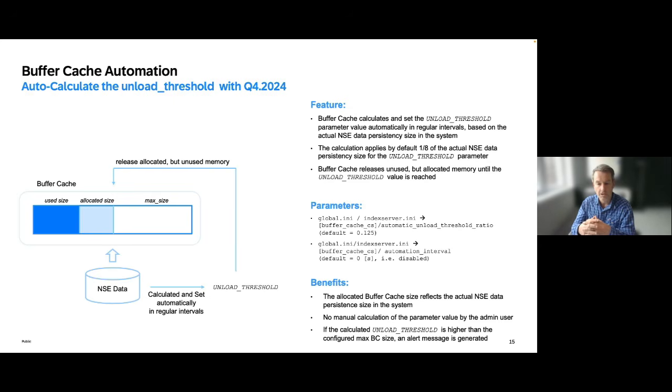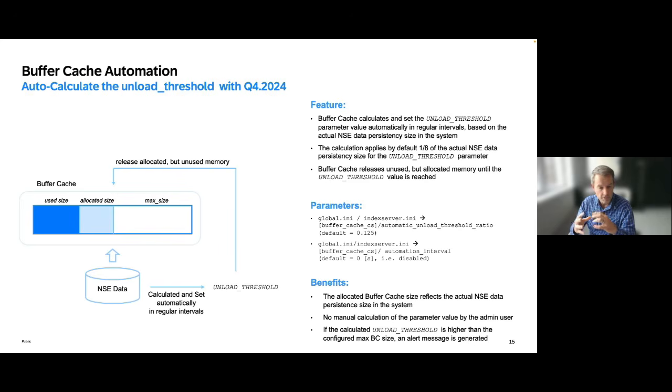The customer can also define the unload threshold ratio, which is the ratio between the buffer cache size and the physical disk size. It's 1/8 by default, in decimal 0.125. That's the default value, but it can also be changed by the customer.